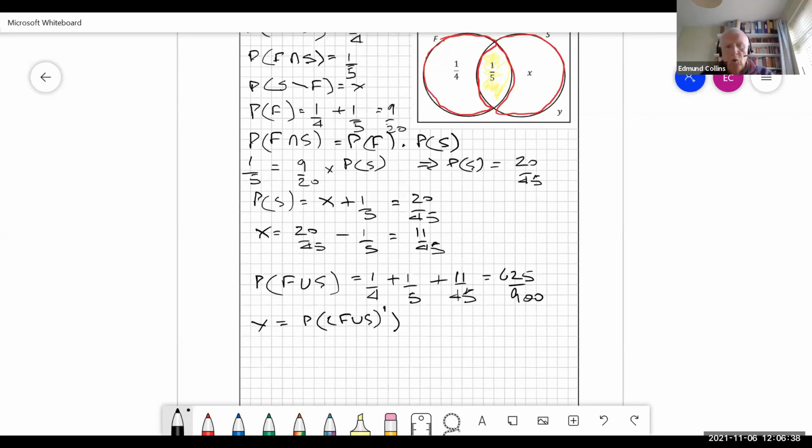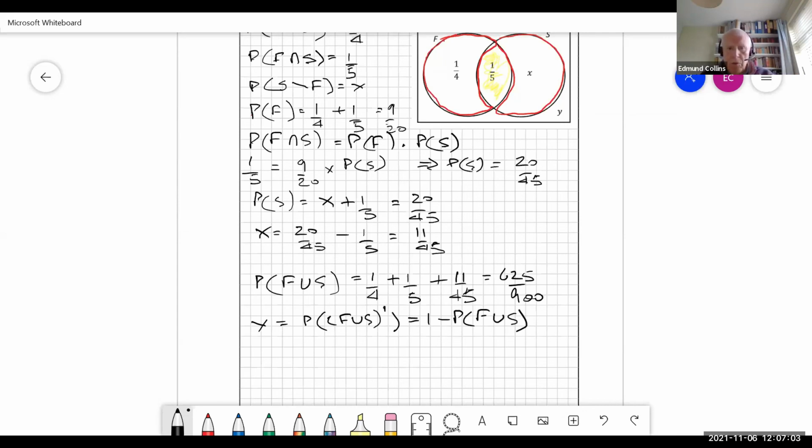But we also know from previous rules we would have worked on, remember the success and failure rule we came across, that that equals 1 minus the probability of f or s.